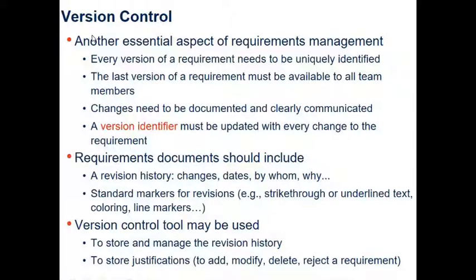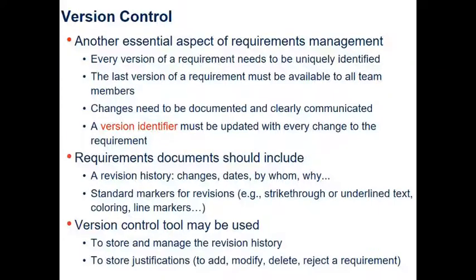So that was to do with change. No, it wasn't. Let's look at version control. Another essential aspect of requirements management is version control. Every version of a requirement needs to be uniquely identified. So it's not only the requirement that needs to be uniquely identified.